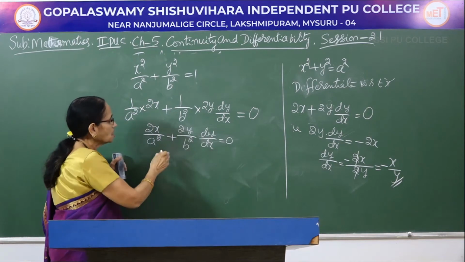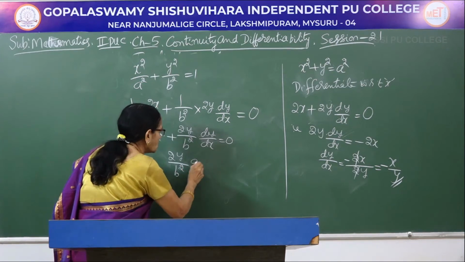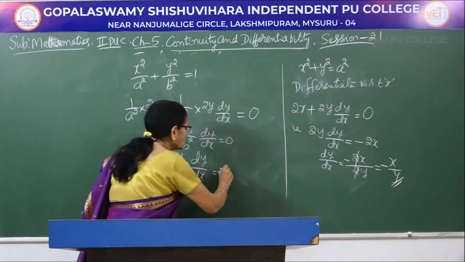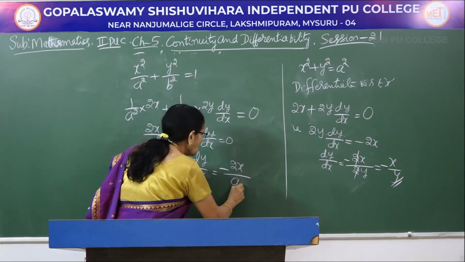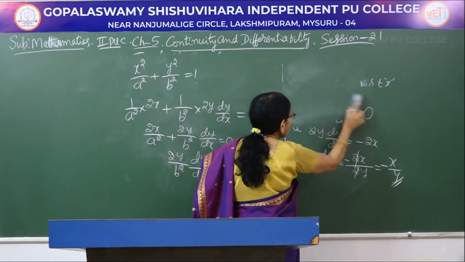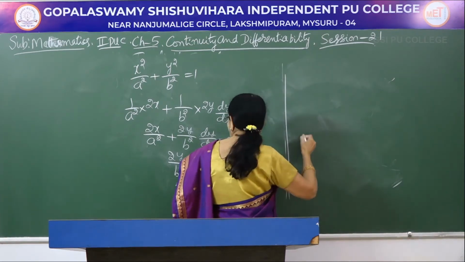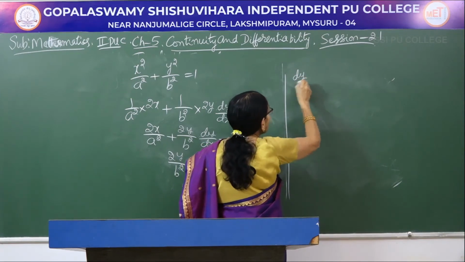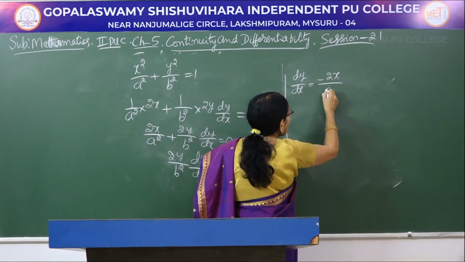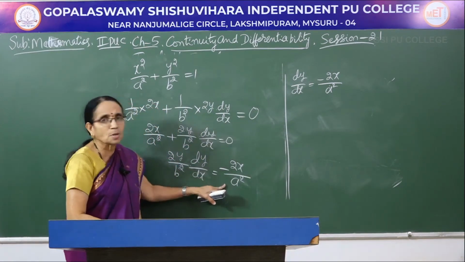Now look here, since we want the value of dy by dx, 2y by b square into dy by dx, shift the other term to the right hand side, it becomes minus 2x over a square. Now whatever is with the dy by dx, shift it to the right hand side, that is dy by dx would be equal to minus 2x by a square, which we have shifted earlier, and now this has to go to the right hand side.